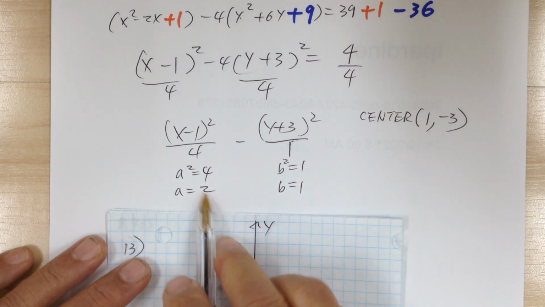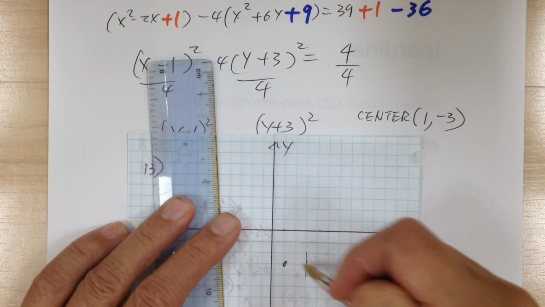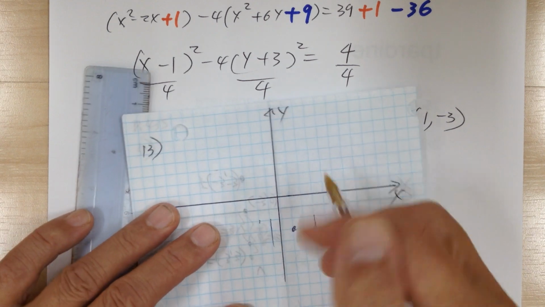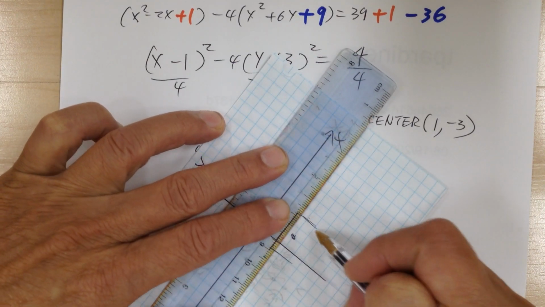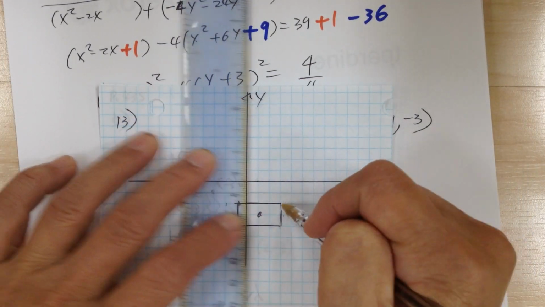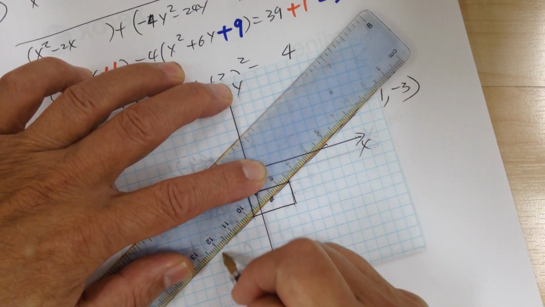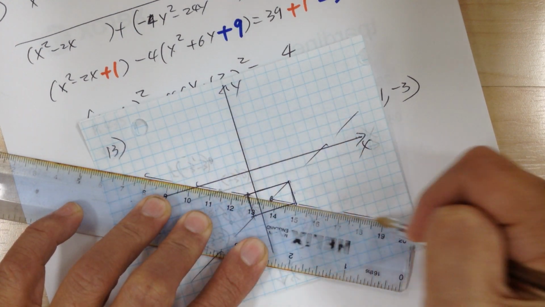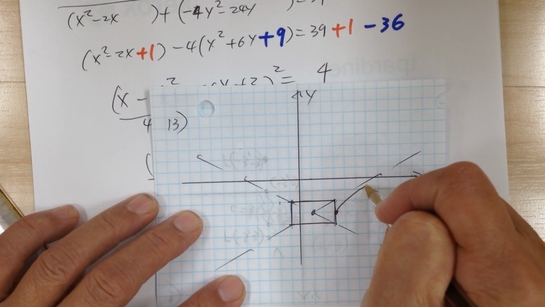This is under the x, so remember for the hyperbola you have to draw your box, right? So your box would be from here go 2, 2, and you have to go 1 in the y direction. So here is your box. Then draw your asymptotes. And this graph is in the x direction, so graph will go in the x direction.